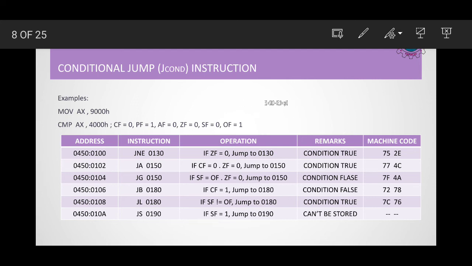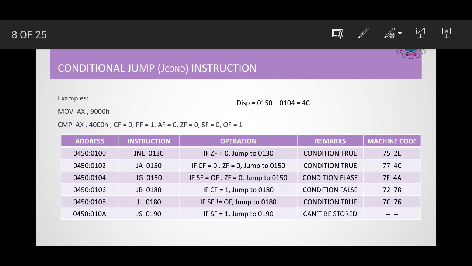So now we have to calculate the displacement. Displacement is 150 minus 104, so that will be 4C, that is within the limit of 7F. So this jump will be stored in memory. 77 is the opcode for the JA instruction, and in the next byte you will have the displacement 4C.